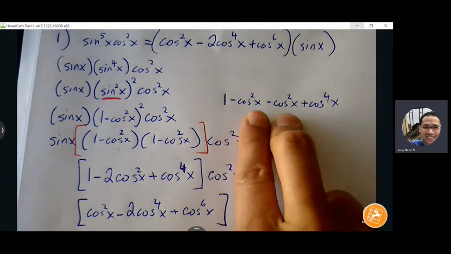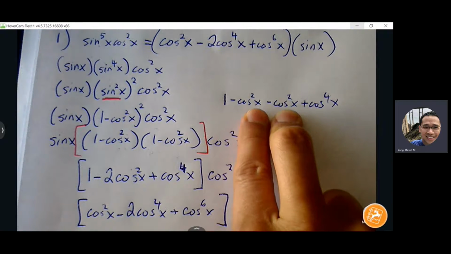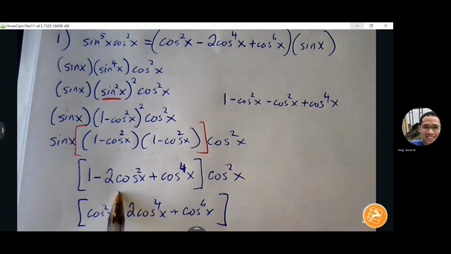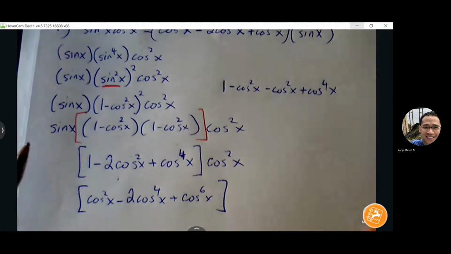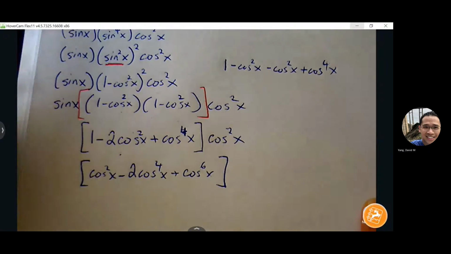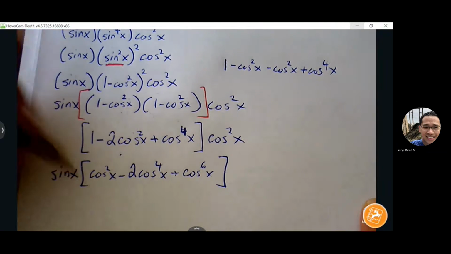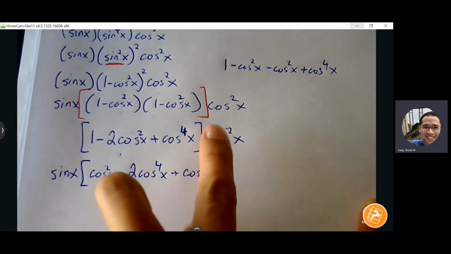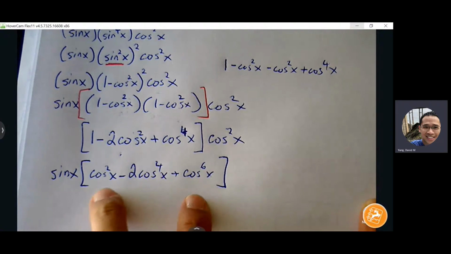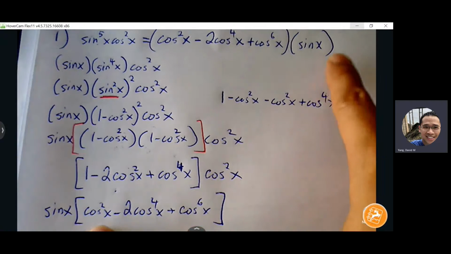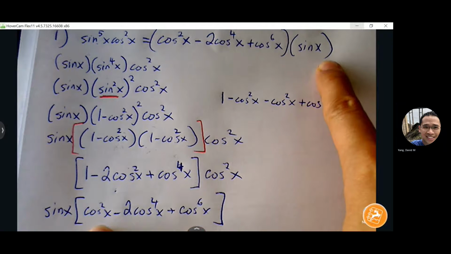And if I merge these two together, negative 1 cosine squared minus cosine squared is going to be minus 2 cosine squared. And then once I FOIL this out, I can distribute the cosine squared through, and that should leave me with my goal. Does that match?